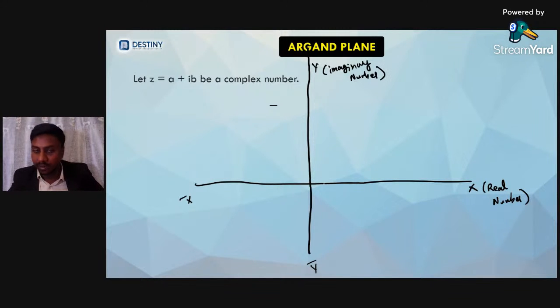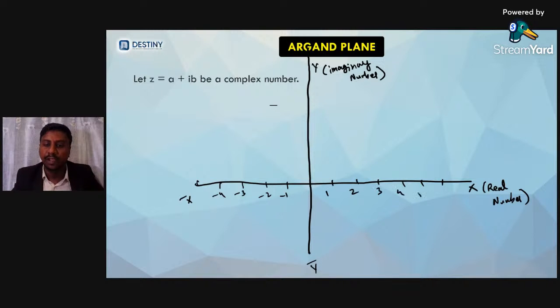So same thing, 1 2 3 4 5 6. Here 1 2 3 4 5. So minus 1 minus 2 minus 3 minus 4. 1 2 3 4 5. Here what I can write, 1 2 3 4 5. So 1 2 3 4 5. Here 1 2 3 minus 1 minus 2 minus 3.